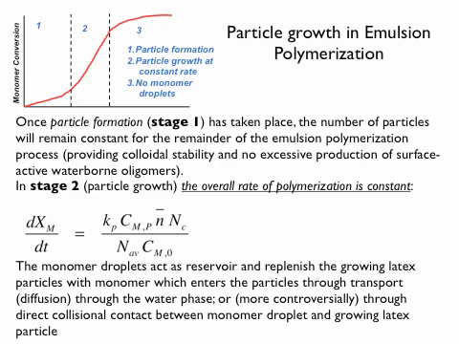So the question now is, why does a particle take up monomer, how much does it take up, and how does it do that? The logical thing initially would be: we have large monomer droplets and a little bit of monomer in the water. If the particle starts to polymerize, the concentration of monomer drops, and therefore you get transport from the water phase into the particle, and from the monomer droplet into the water phase.